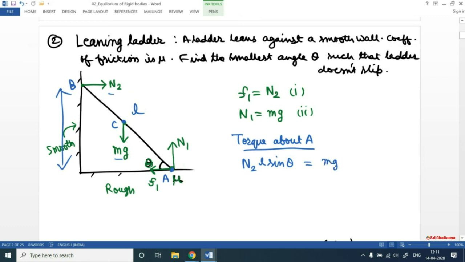The magnitude of the force is mg, and this here is the arm of this force, which is L by 2 cos theta. So when we cancel, we get N2 equal to mg by 2 tan theta. That is the value of F1 as well.